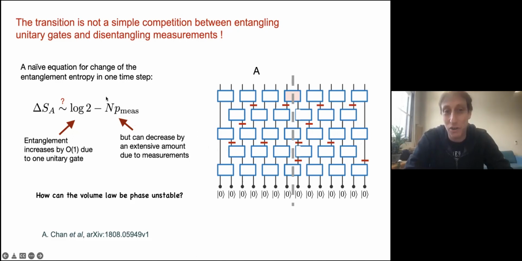So of course, this is no contest. According to this paper, the measurements should always win, and eventually, at some time that doesn't even scale with system size, decrease the entanglement to 0 or to some area law.